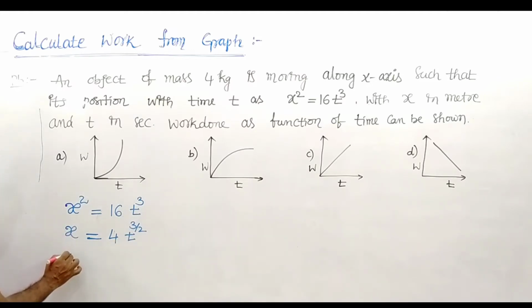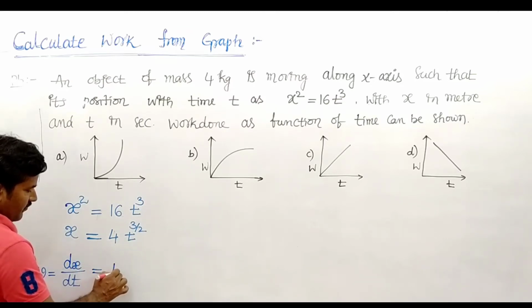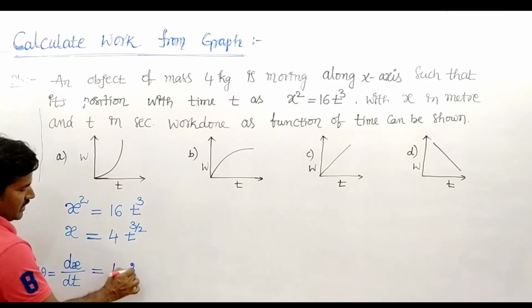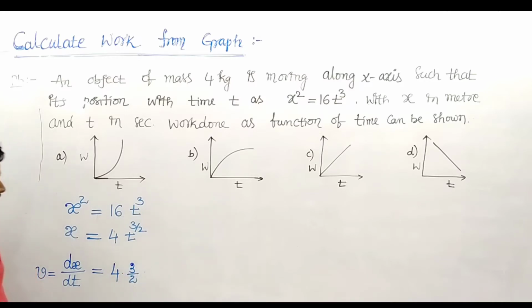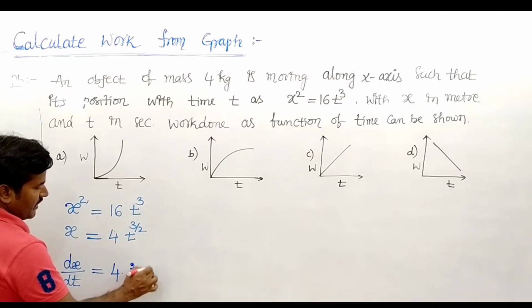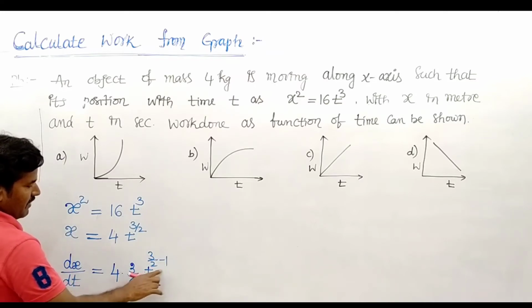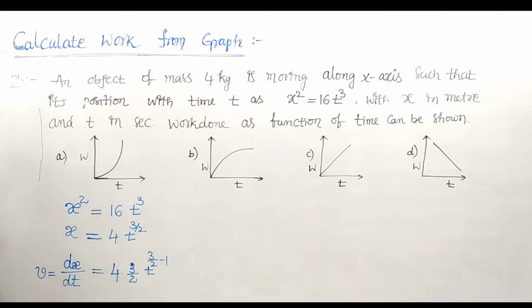You know that velocity is written as dx upon dt, the differentiation of displacement. So we calculate the velocity v equals dx by dt. Here it is 4 into the differentiation of t to the power 3 by 2. So this is written as 3 by 2 t to the power 3 by 2 minus 1, using n x to the power n minus 1, into dt by dt, that is 1.